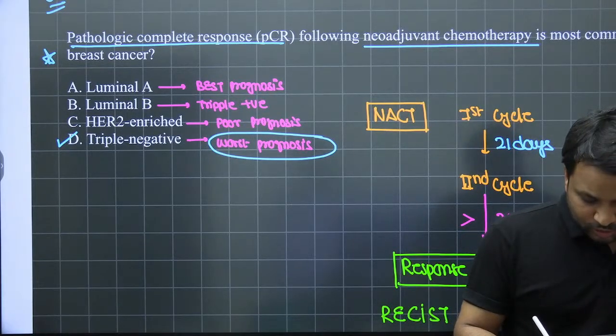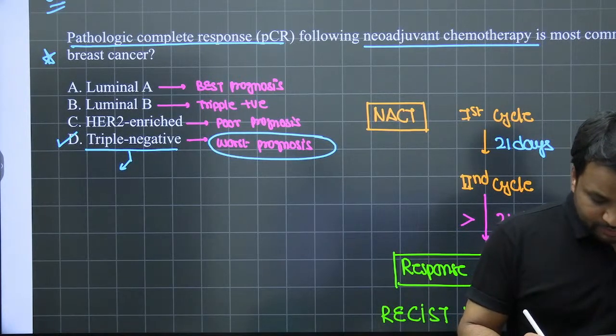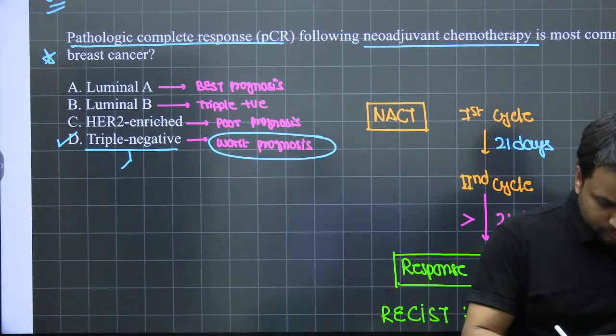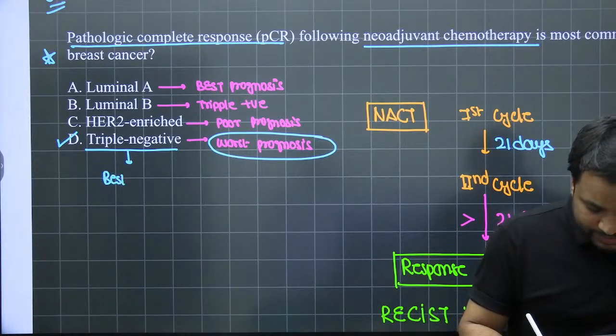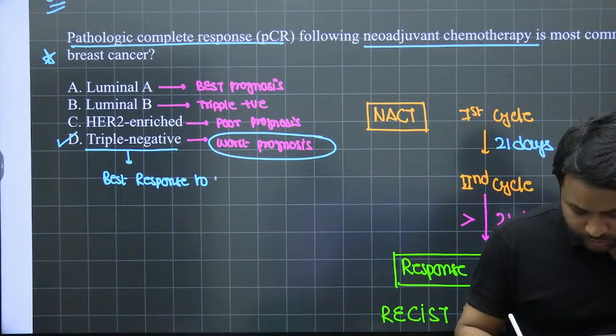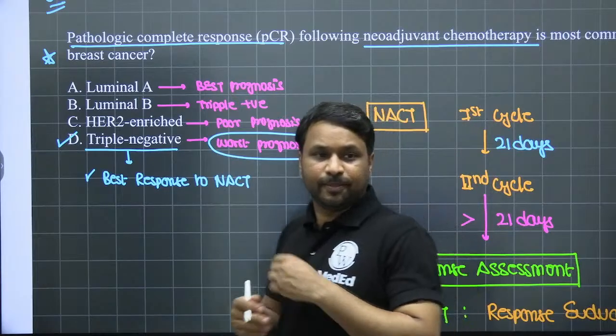So triple negative is associated with the best response to neoadjuvant chemotherapy.